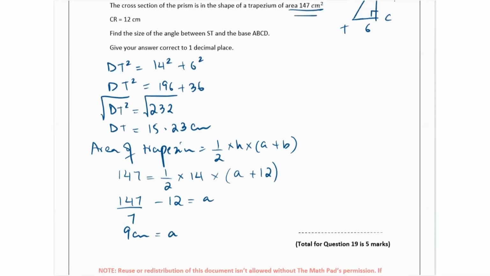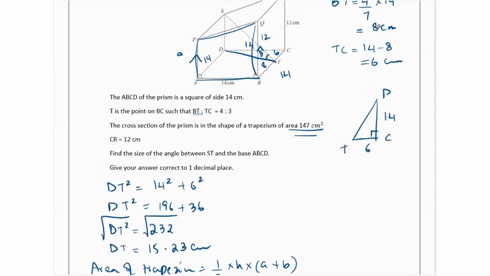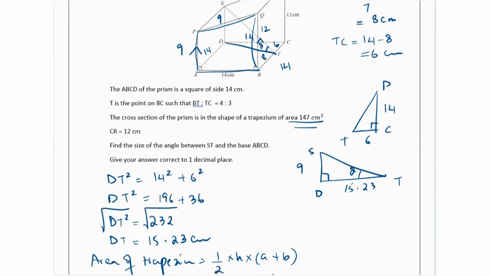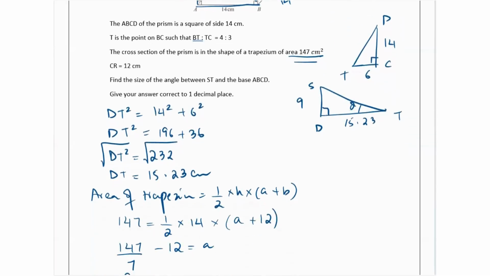So if this is 9, SD is also 9. So if you make a rough triangle over here, S, D, and D, this is 9. DT is 15.23. We need to find this angle. So we'll use tangent because opposite is 9 and adjacent is 15.23.